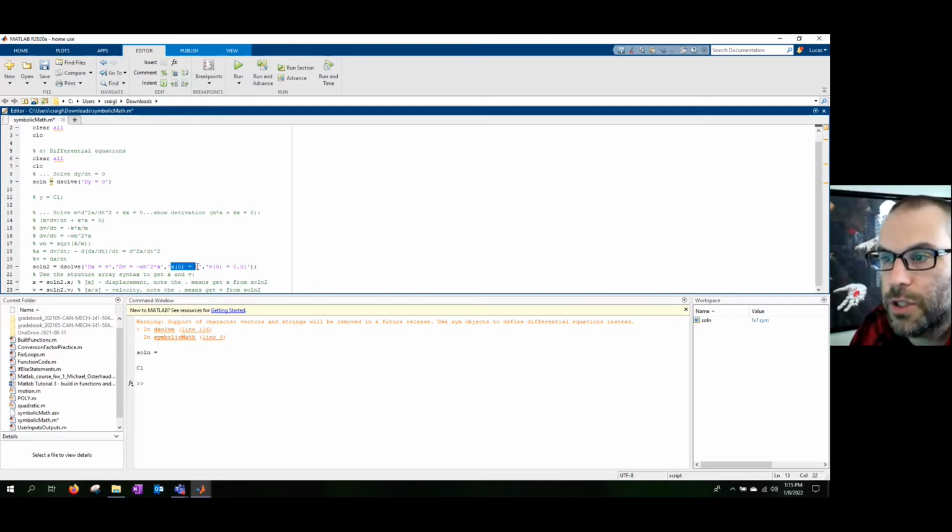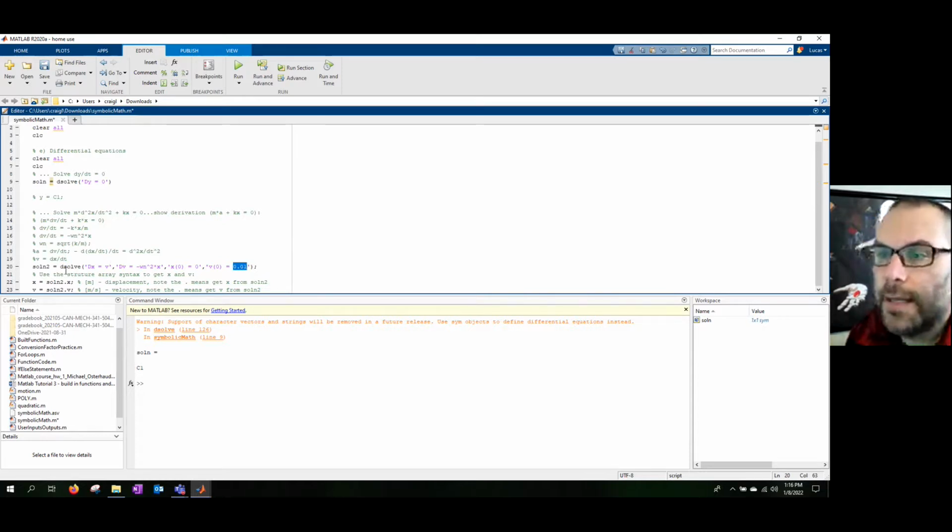This one is position. If I have this mass with a spring attached to a wall, I start this mass from the center point. I didn't move it, but I gave it a velocity, which is the second initial condition, which is also the slope of the x versus t graph. So I'm giving it some initial velocity.